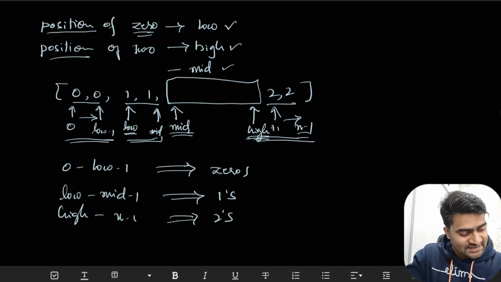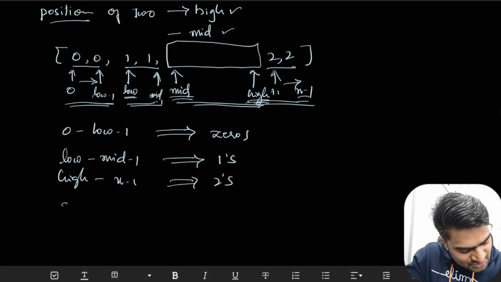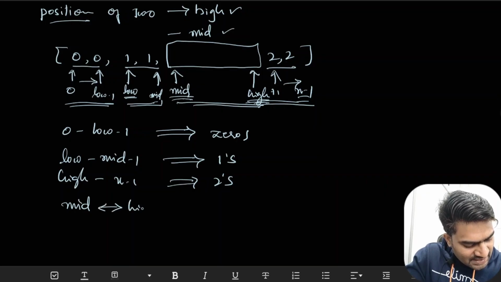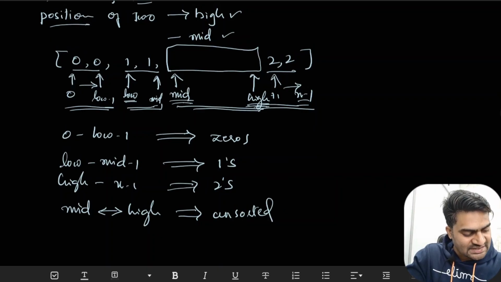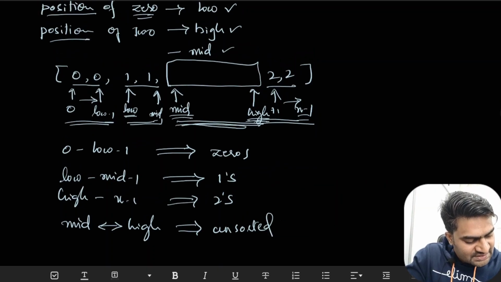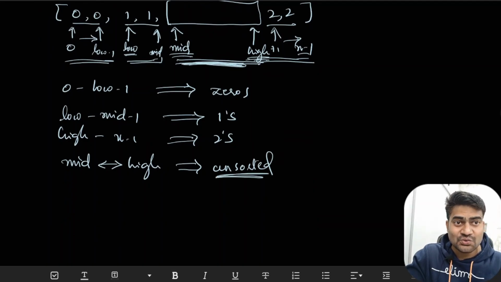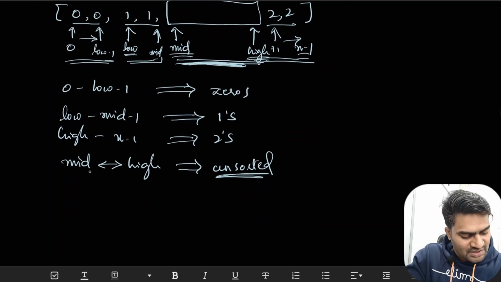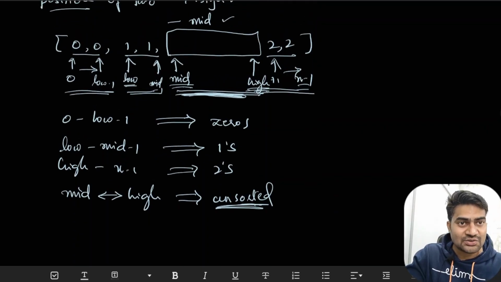Then whatever is between mid and high, that is our unsorted array. So whatever is between mid and our high pointer, this is our unsorted array. So basically, we will use this logic, these unsorted values, to sort them again. We will have to shrink this unsorted part.